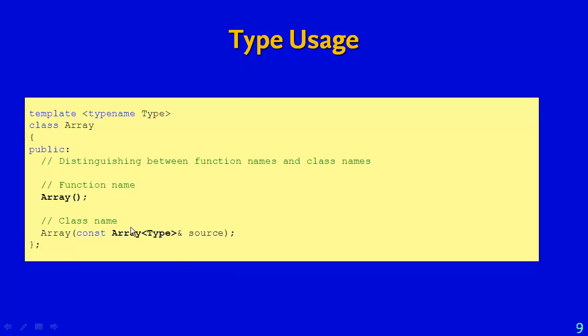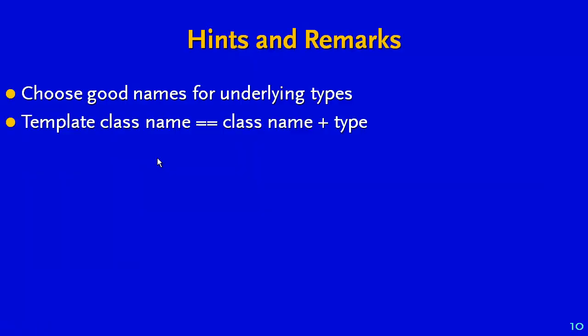The same type is Array plus its type. The Array here is the function name, so it has no brackets. But the class name is Array plus type. That's crucial that you understand, because Array as a class does not exist. It looks like a class here, but only in combination with its type name.